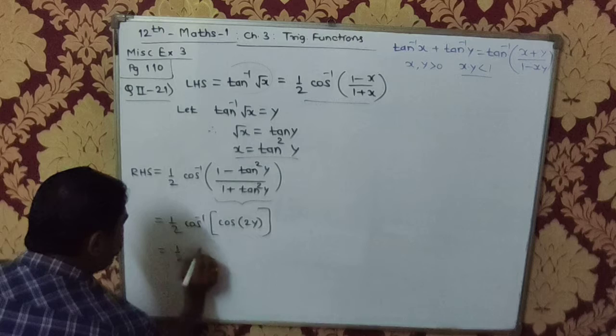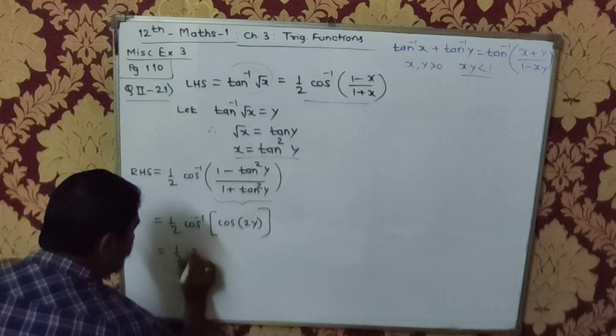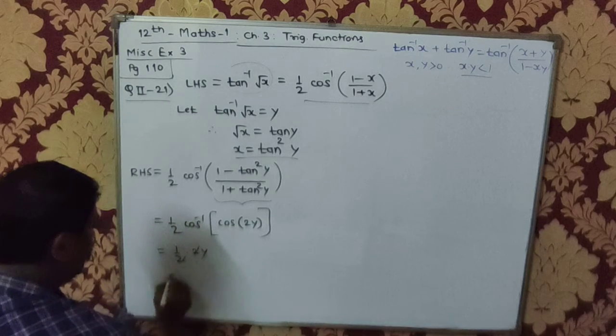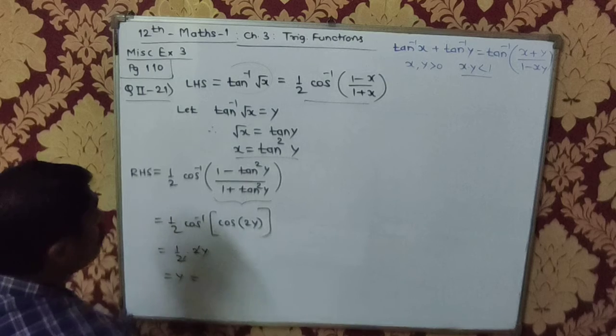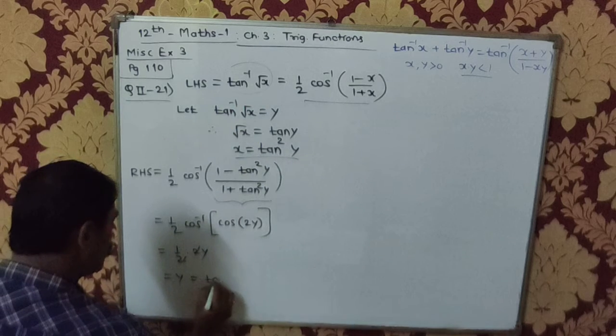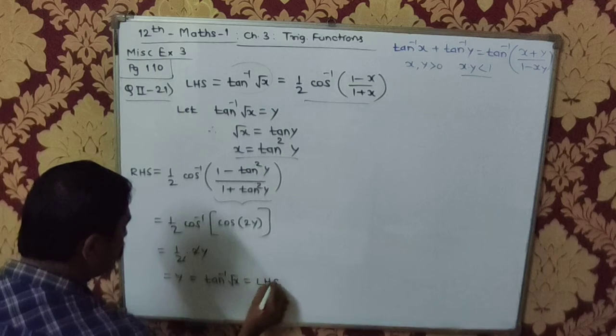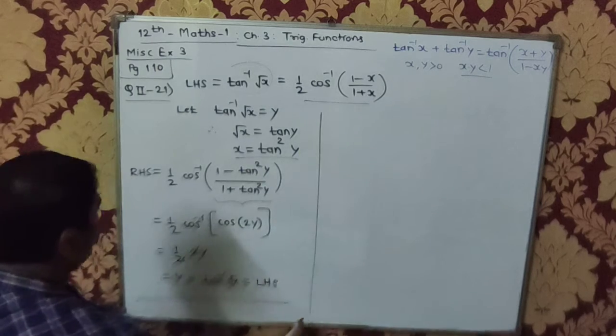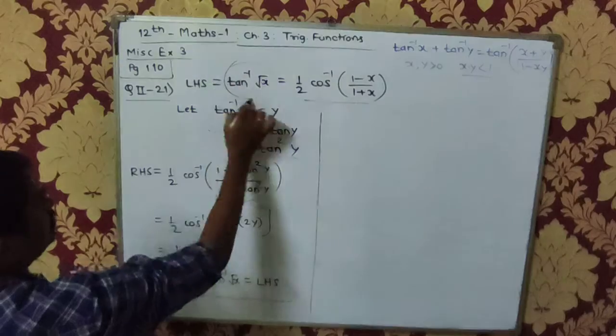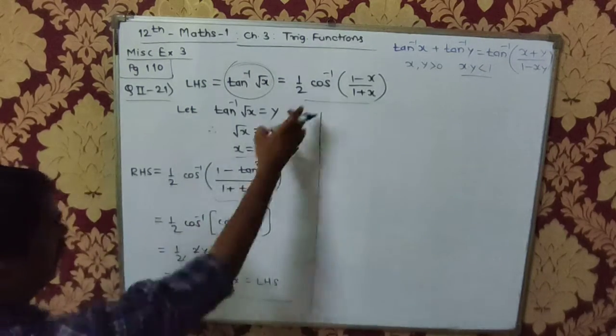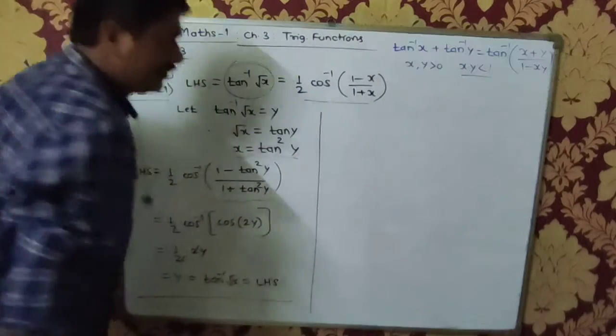So this is half into cos inverse of cos of 2y, which is 2y. This gets cancelled and that is equal to y. But what is y? y is equal to tan inverse of root x, and that is equal to the LHS. As I mentioned, the approach is a little different: I substituted and then solved. I started with the RHS.